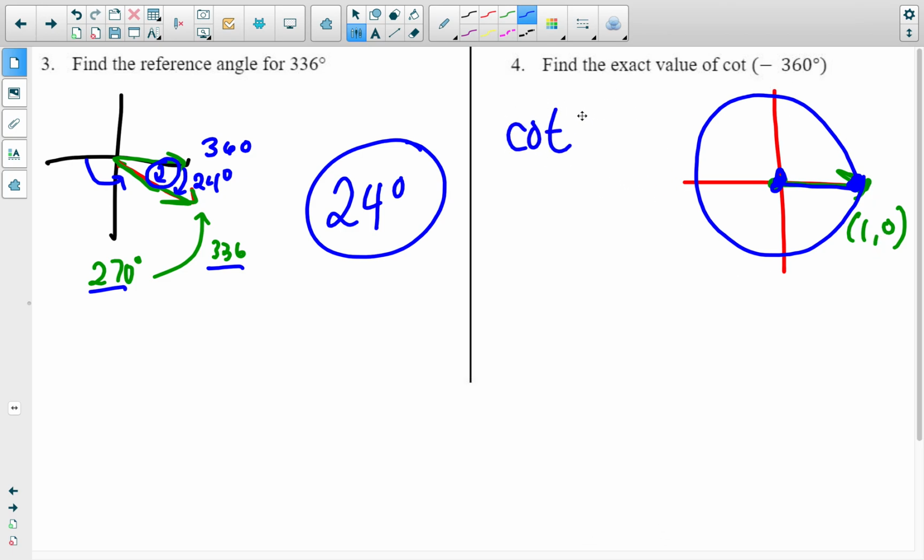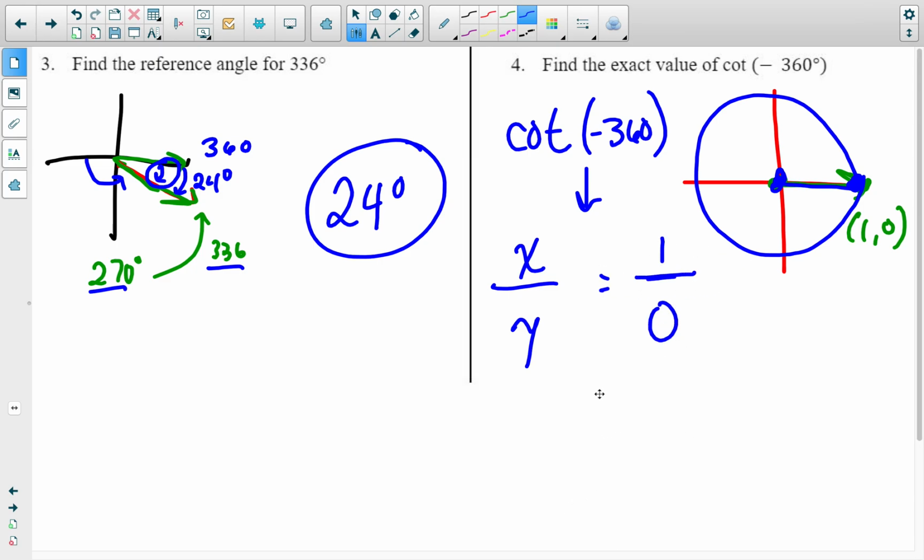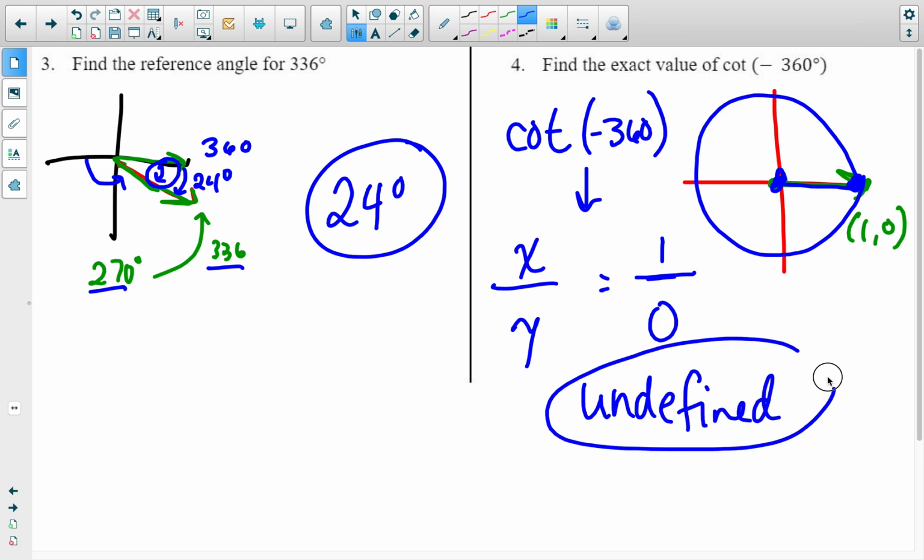Okay, so cotangent of negative 360 is really asking us, what's the x coordinate divided by the y coordinate? Okay, 1 divided by 0, anything divided by 0 is undefined, so cotangent of negative 360 would be undefined.